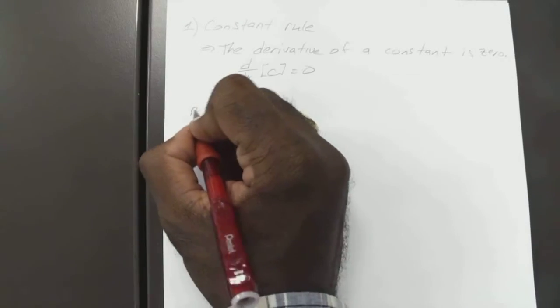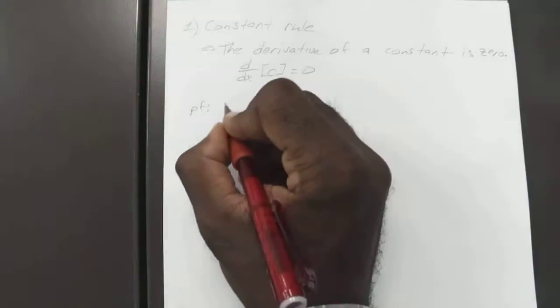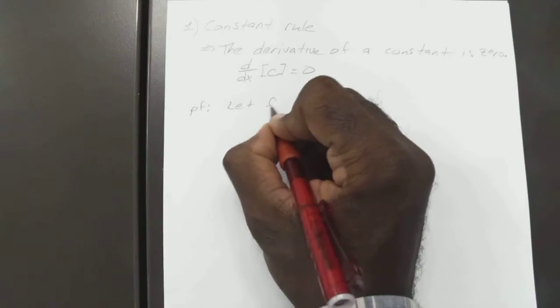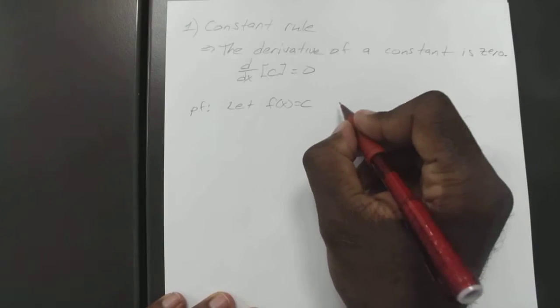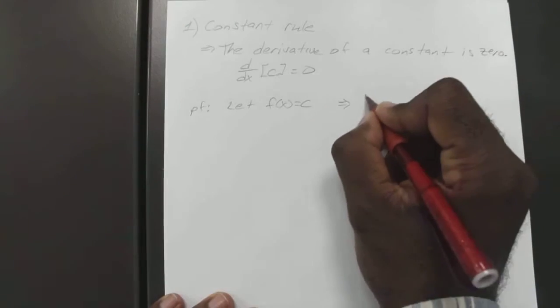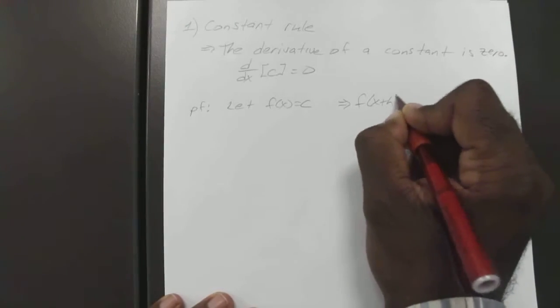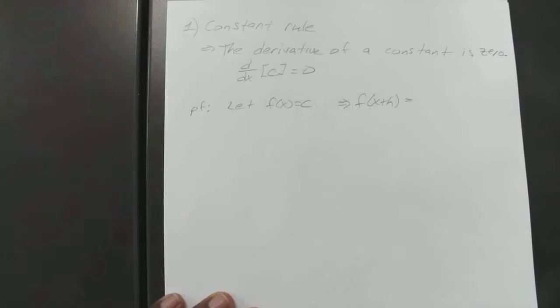So the proof of that: let's say we let f of x equal c. That means f of x plus h, there's no x to replace with x plus h, is also equal to c.